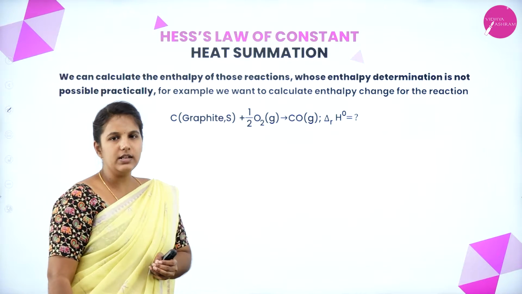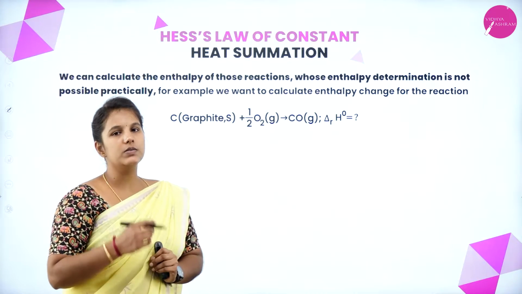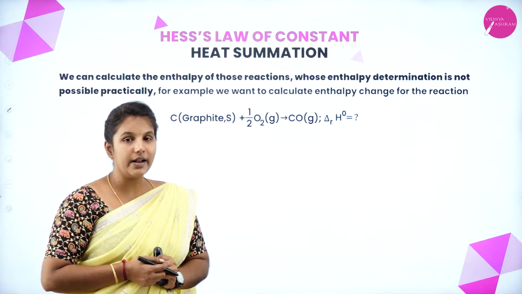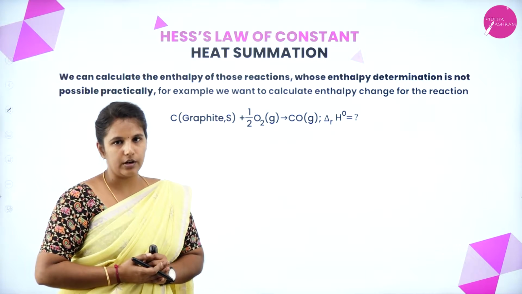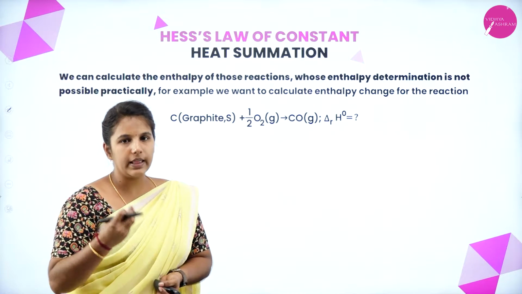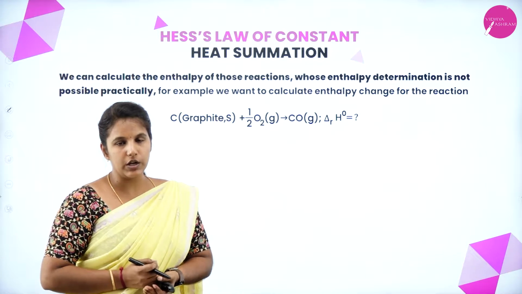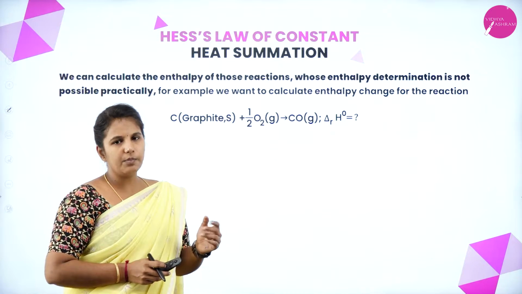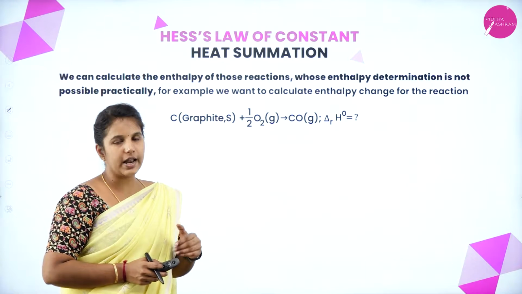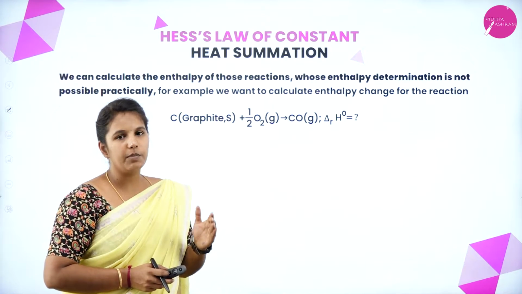So Hess's law is mainly meant for calculating the enthalpy of formation of a particular reaction. If you don't know the enthalpy of formation of a particular reaction, by using Hess's law we can easily calculate it.